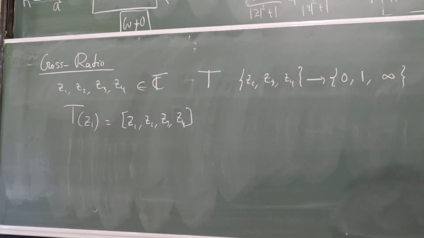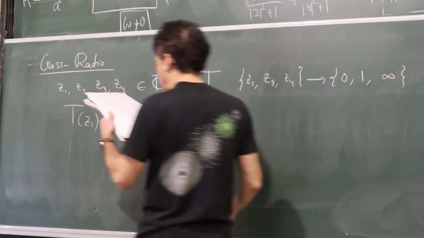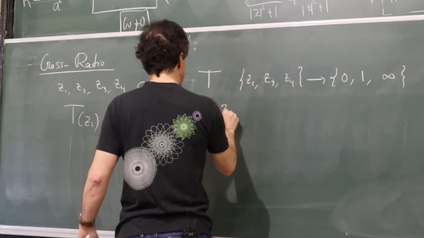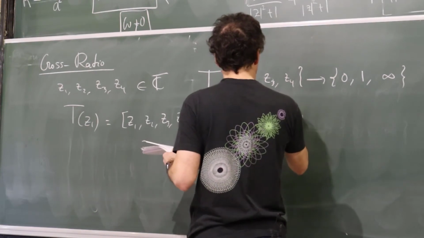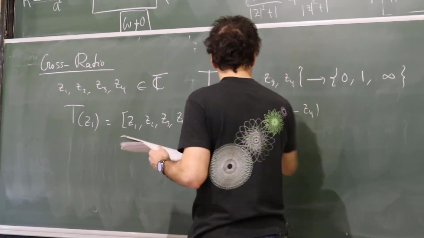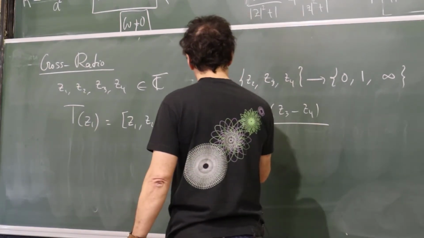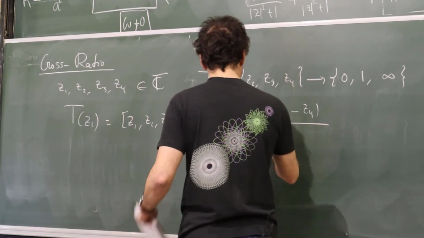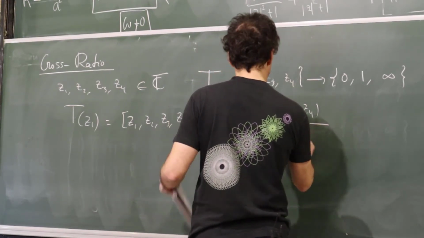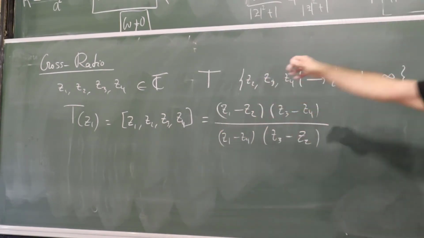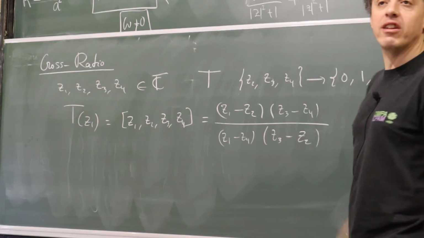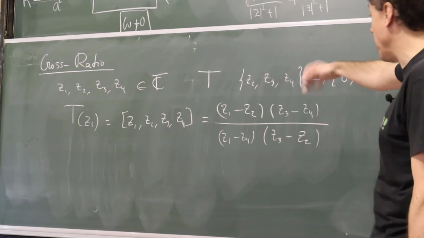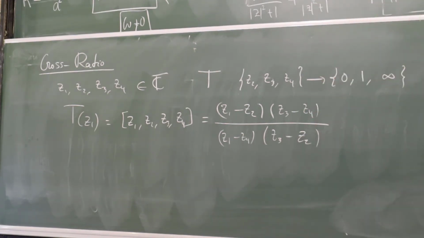Okay, this number is called cross ratio, and in fact it can be computed as the following: Z1 minus Z2, Z3 minus Z4, over Z1 minus Z4, and Z3 minus Z2. Well, if some of the points is infinity, you must arrange things conveniently to eliminate some terms, okay? But in general, you have this expression for the cross ratio.